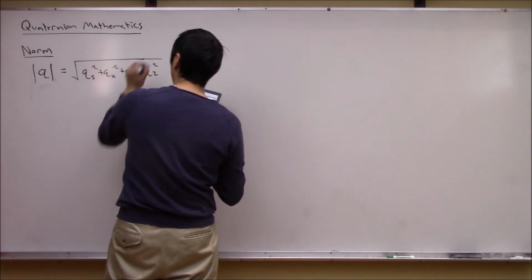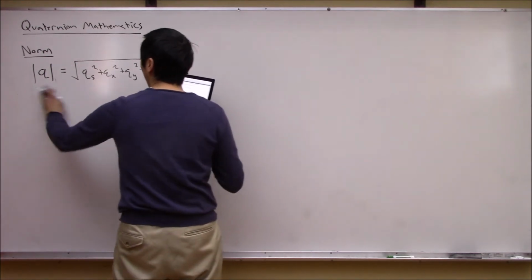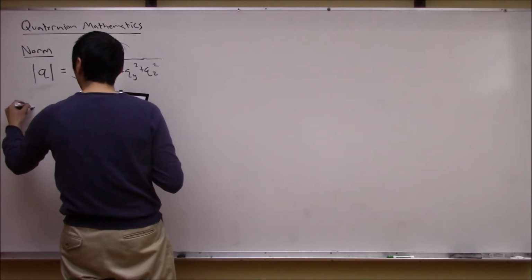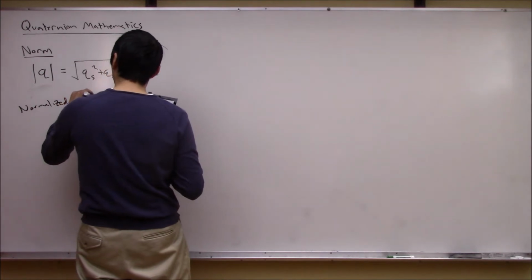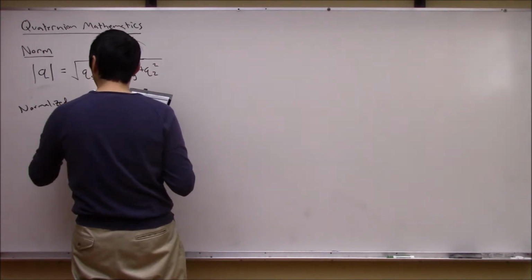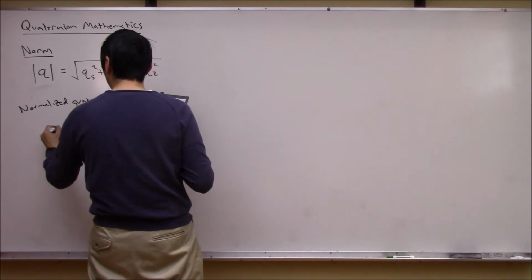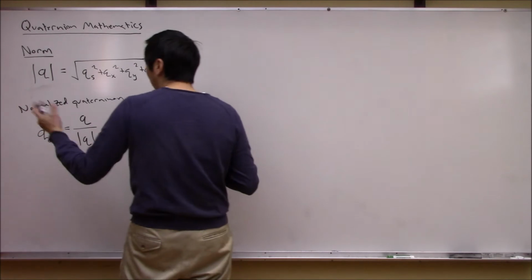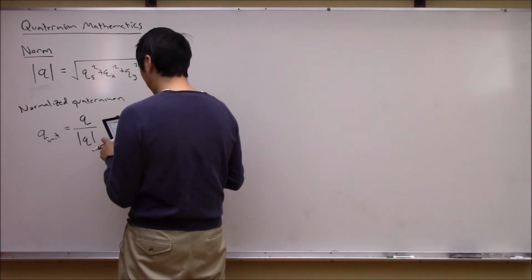So it's pretty much your standard vector 2 norm, okay? Again, you can use this norm to normalize a quaternion. So a normalized quaternion is basically you take the quaternion divided by its own norm, and this gives you a q unit vector if you want to think about it, or a normalized q. Okay, so that's pretty easy.